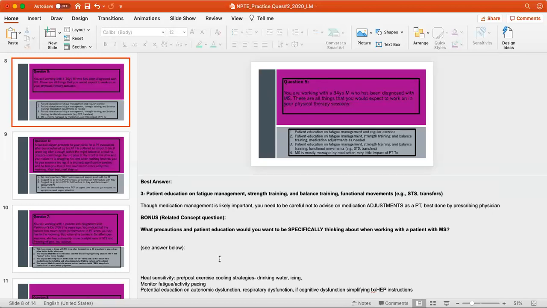Utilizing rest breaks within our Therex, prescriptions and functional movements. And then potentially, if appropriate, patient education on potential autonomic dysfunction or respiratory dysfunction. If there are cognitive deficits, we might want to gauge or adjust our instructions to these individuals.